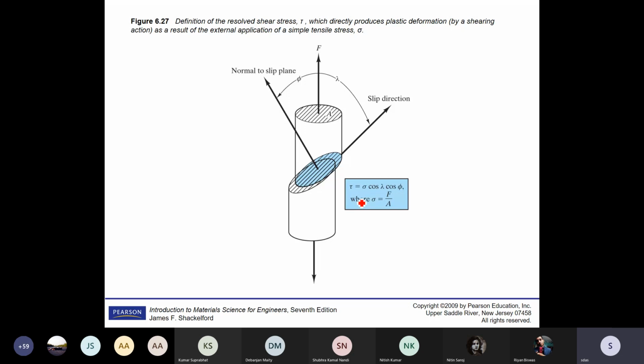So if the extra half plane moves by 1 atom distance, the slipped region looks identical with respect to the yet-to-be-slipped region. So the lattice is completely restored. Only the dislocation line area is distorted. That's the reason it is called a localized lattice disturbance, a region of localized lattice disturbance.